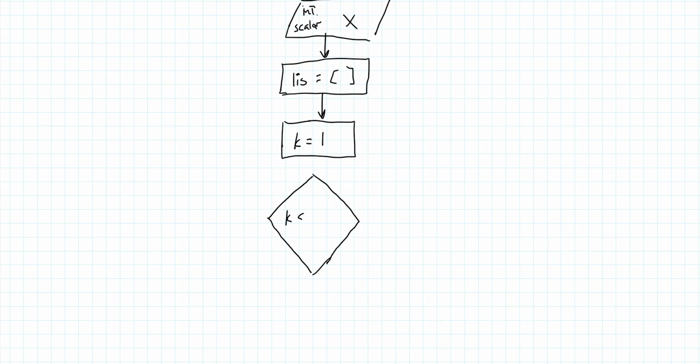So is k less than or equal to x? When this is true, we want to then test, is x divisible by k? Again, k is going to be changing as we go. And if it's false, we're going to do something else.